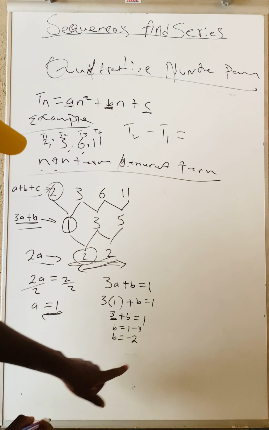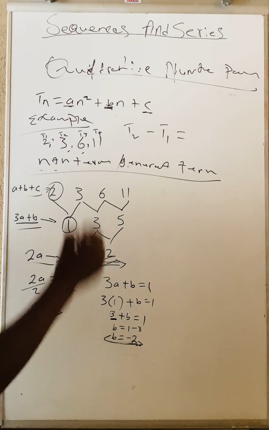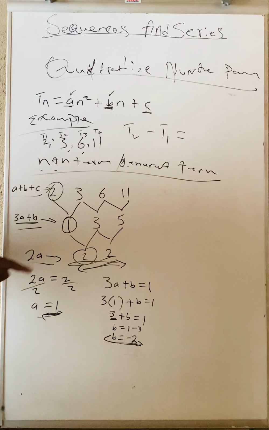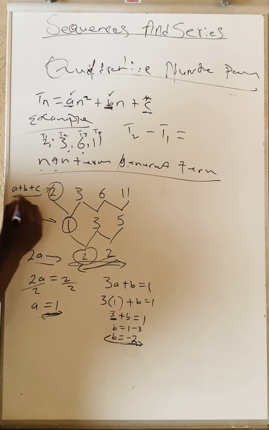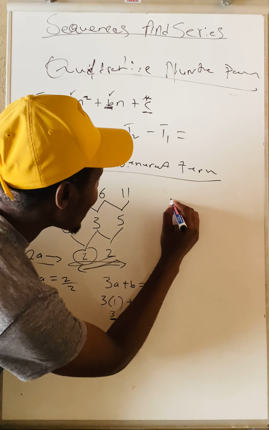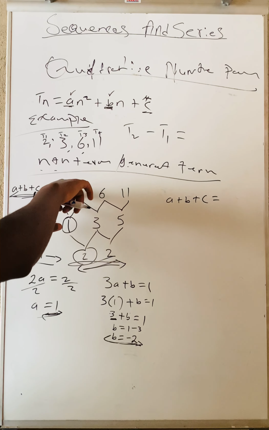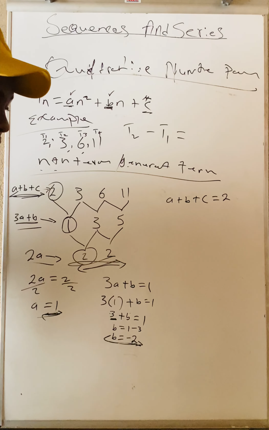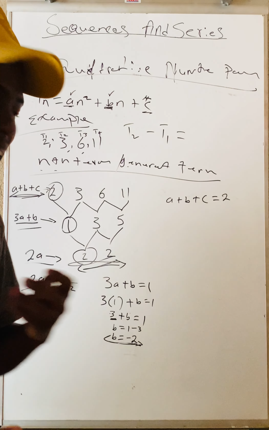Now we have A and B. We are left with C. We do not have C, but with this formula we can determine it. We say A plus B plus C is equal to the first term, which is 2. From here, it's just a matter of substitution.